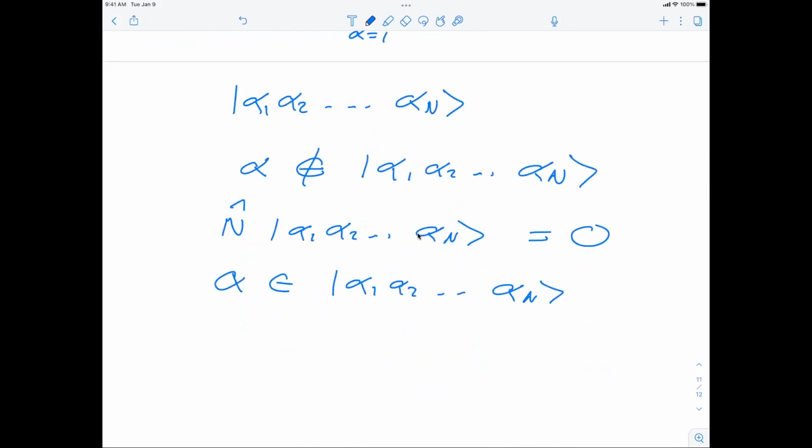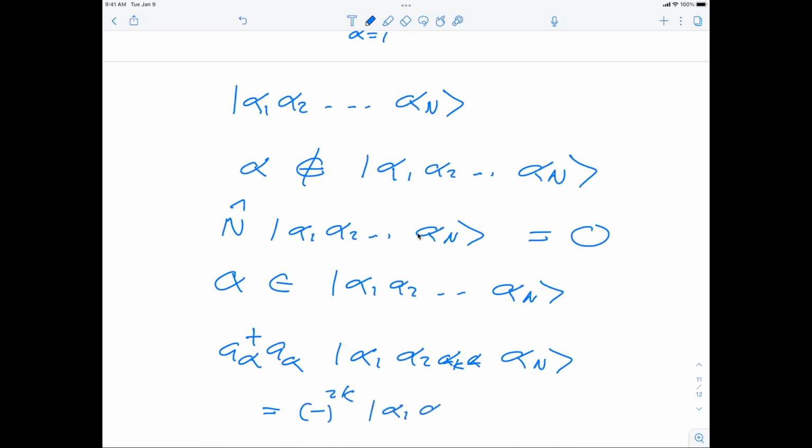So if I now compute these quantities, if you remember that I have a_alpha acting on this state, alpha_1, alpha_2, up to alpha_n, then when we do the computation, if now we have a state alpha_k here and an alpha here, we need to make these permutations with the anti-commutation rules. So we will get minus 1 to the power of k multiplied with alpha_1, alpha_2, up to alpha_n.